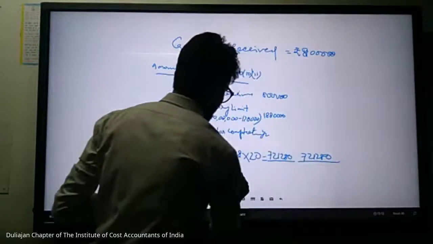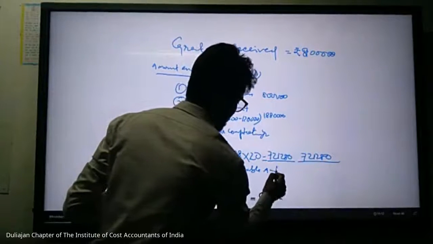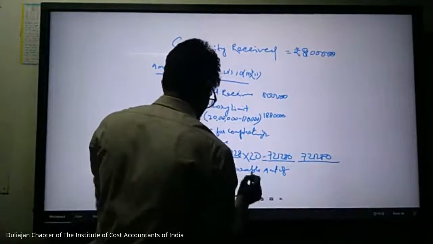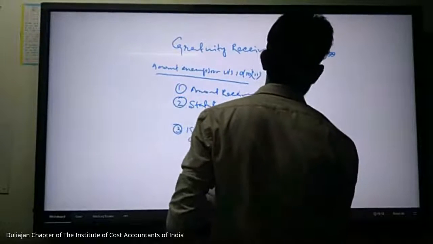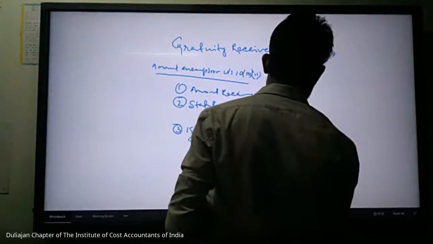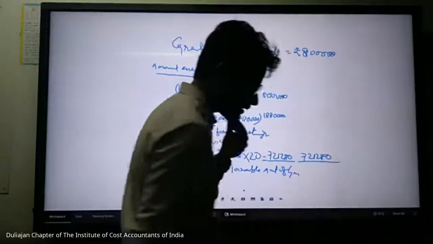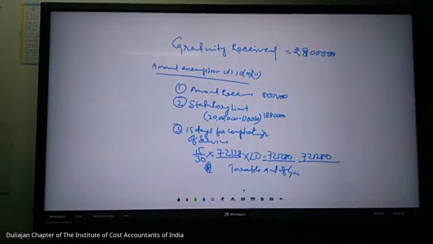So my taxable amount of gratuity will be how much? Just deduct this 78,720.